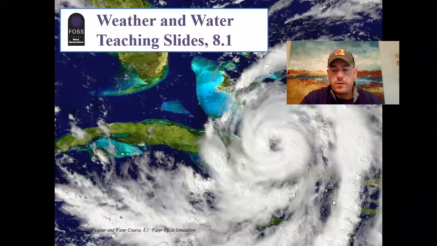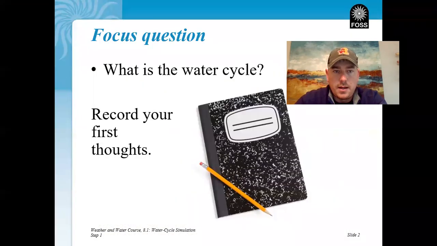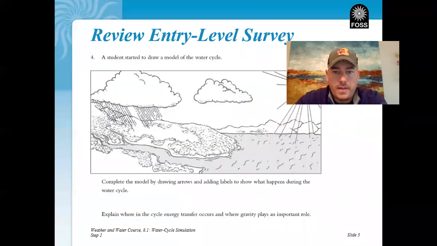What I'm looking for you to do is I put the PowerPoint on Planbook so you could open it up. I'd like you to have page 44 and your notes out just so you can kind of review and take a look at it. Obviously, our focus question is what is the water cycle? And then we went through and we did the activity with the old version of the water cycle.